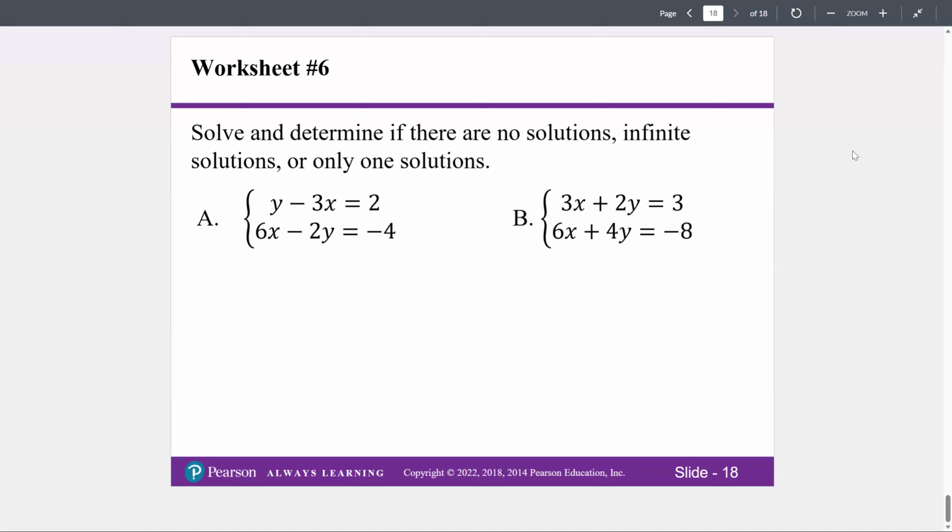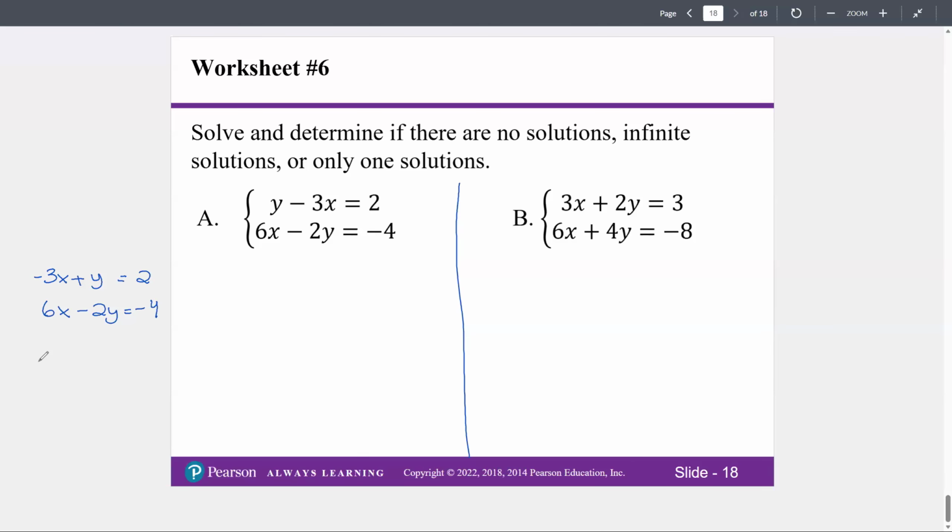So from number 6 here, you have two sets, and you're just trying to determine if there is no solution, infinite solutions, or only one solution. Okay, so let's try this, starting with A. If I rewrite this so that it's ax + by = c, so my x's first, then my y's, it's -3x + y = 2. And then 6x - 2y = -4. That does not have to change.